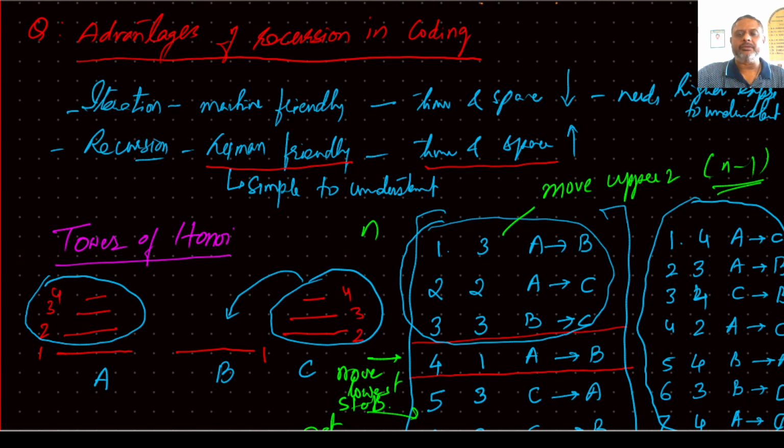So wisely, we have to decide whether we should go for iteration or recursion depending on the problem, available resources, how much time you have, how much space you have, and all. We cannot just strictly say it should be this or that. It all depends on the situation we are working with. So take the appropriate decision to go for either iterative or recursive methods.